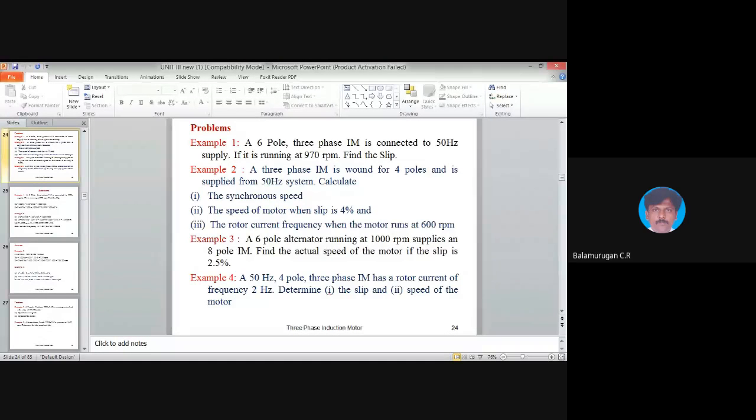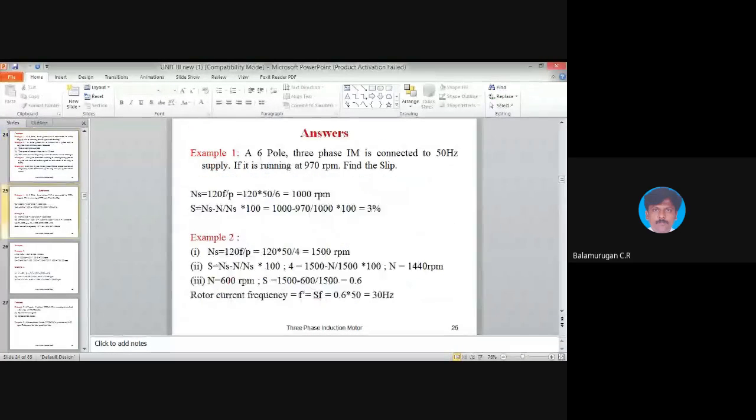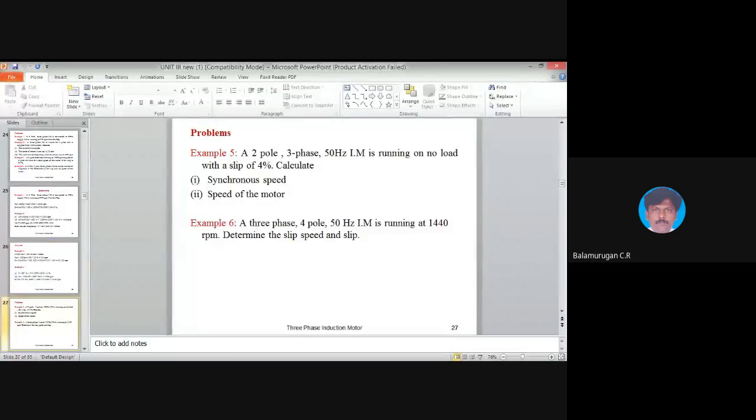So in this problem, are you having any doubt? No. Okay, we'll go to the next problem. Fifth problem. A 2-pole 3-phase 50 hertz induction motor is running on no load with a slip of 4%.